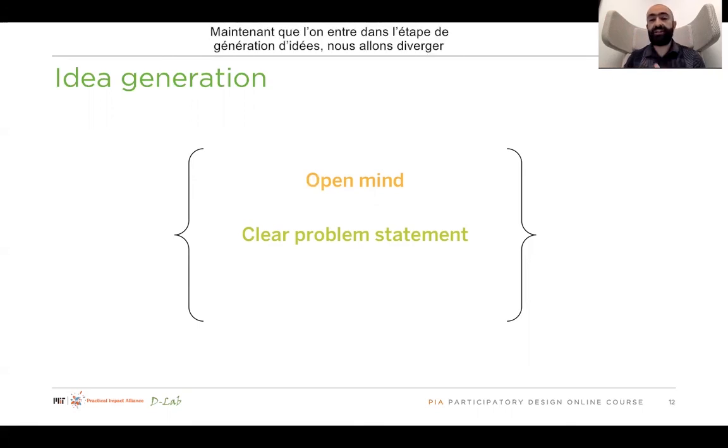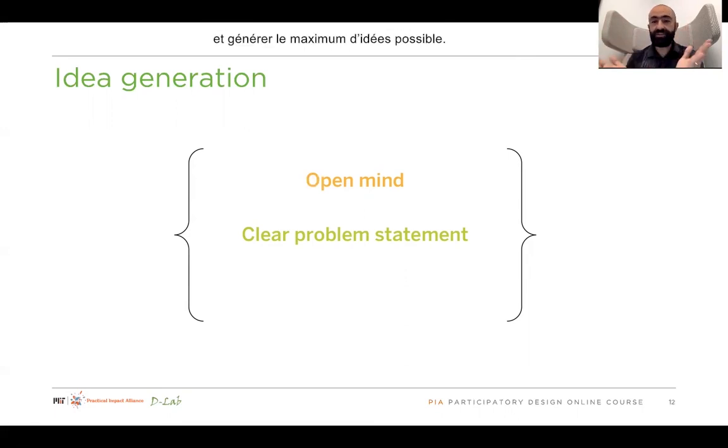Now, as we enter the idea generation stage, you're going to be diverging and generating as many ideas as you can. If you don't have a very concrete problem statement, then you will be generating ideas in many different directions. And we'll talk a little bit more about this later on.